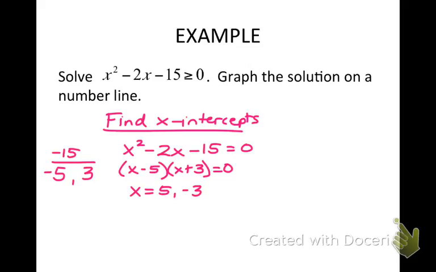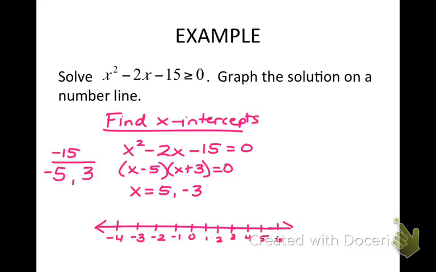All right, so can we make a number line? There's my number line. Let's put negative 4, negative 3, negative 2, negative 1, 0, 1, 2. I'm going to run out of space. We need to get all the way up to 6: 3, 4, 5, 6.